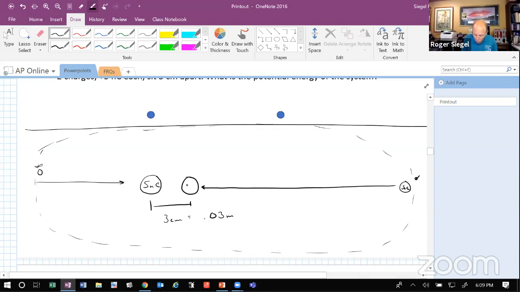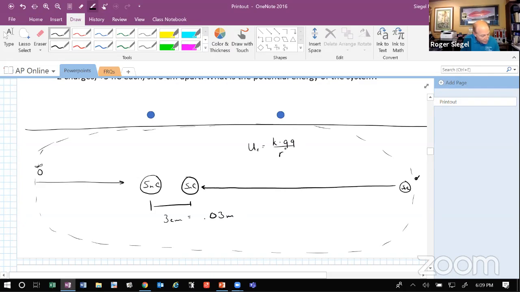Now, how much work did I do to set this arrangement up, to arrange these charges? Well, to put the first charge in, 0 work. But to put the second charge in, the amount of work that I did is equal to the electrostatic potential energy of my system. So this is k q q over r.